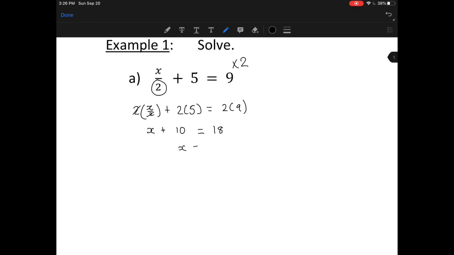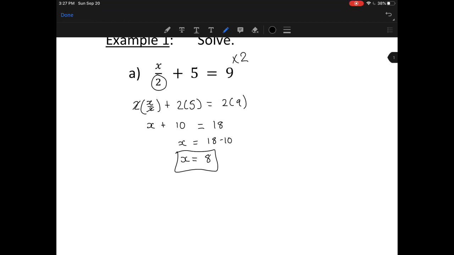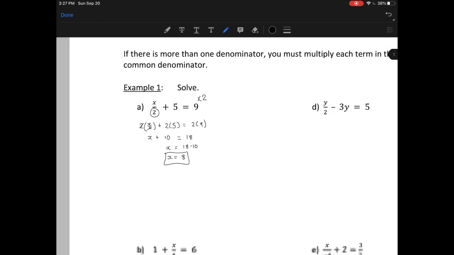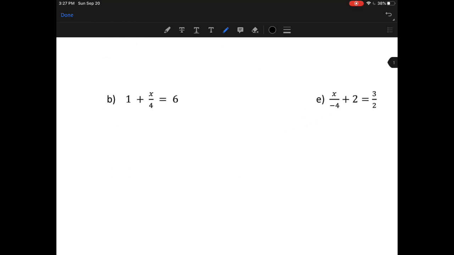And now we have a nice one-step equation. We'll move the 10 to the other side, and we'll get x equals 18 minus 10, or x is equal to 8. Once that fraction disappears, it turns into a very nice equation to work with.